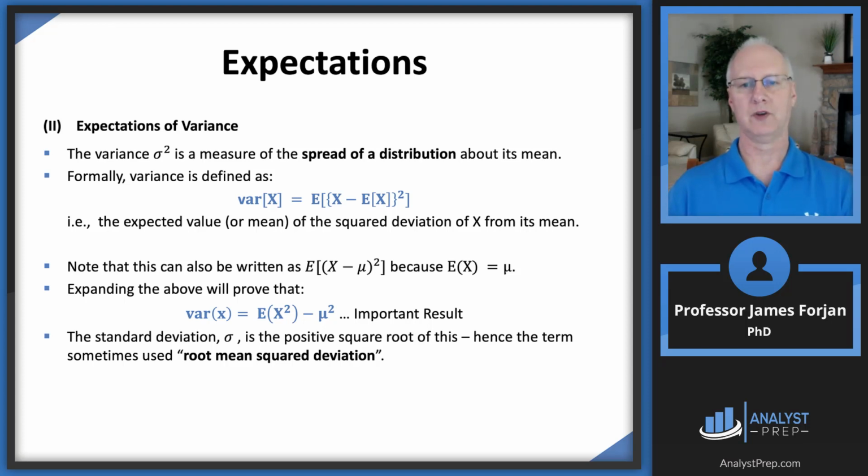Note that this can also be written as the expectation of (x minus mu) squared, because the expectation of x is mu, the population mean. And by expanding and doing some good math, we can get this very important result, that the variance is equal to the expectation of x squared minus the mean squared. And that's why we sometimes call this the root mean squared deviation.